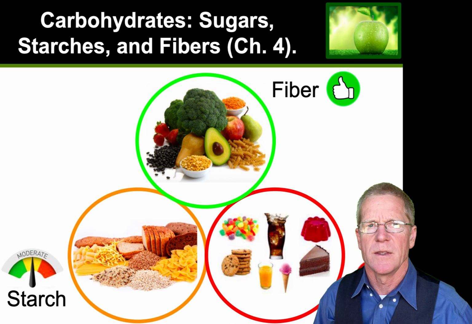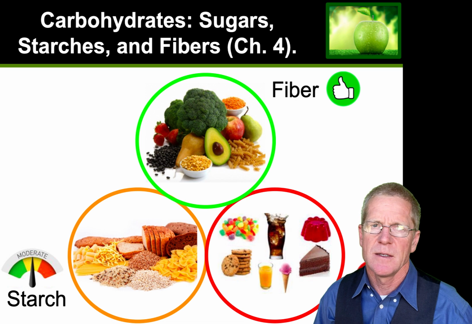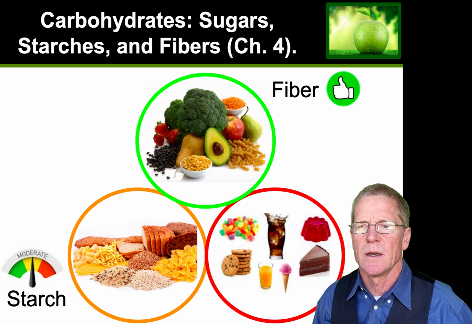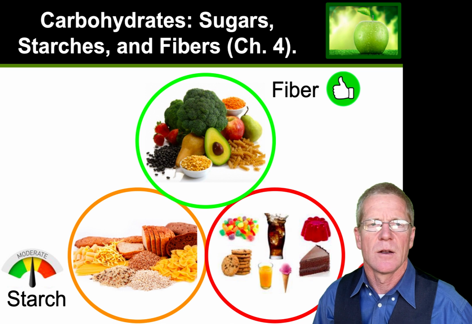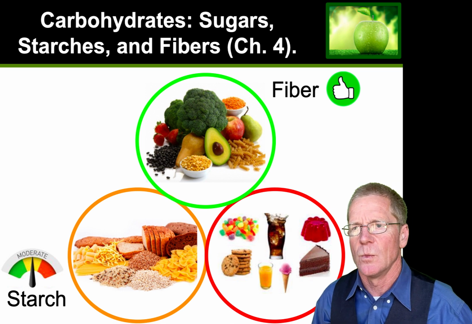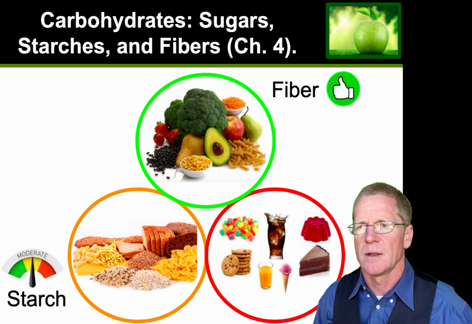We want to moderate those. We want to keep our intake of those probably under around 100 grams at any one meal, although spreading them out throughout the day. And then complex carbohydrates, of which any amount is helpful.